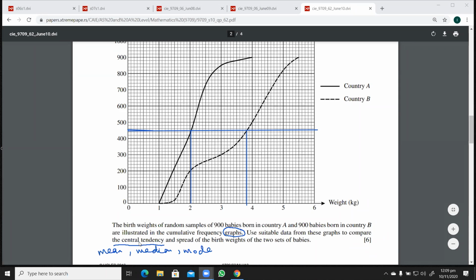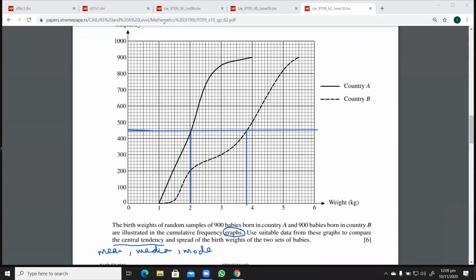Okay. And you can also determine the interquartile range over here. So that should be here at 625. We should have the upper quartile at 625. Somewhere here you will have the upper quartile going like this, and 225 here you have the lower quartile.